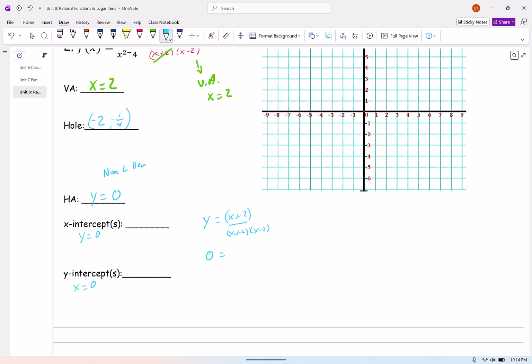So I'm going to put that back in its original form, just to make it a little bit easier. Multiply by x squared minus 4 on both sides. Those will cancel. That still remains 0. So we got 0 equals x plus 2, and then x equals -2. So it's going to be -2 and 0.